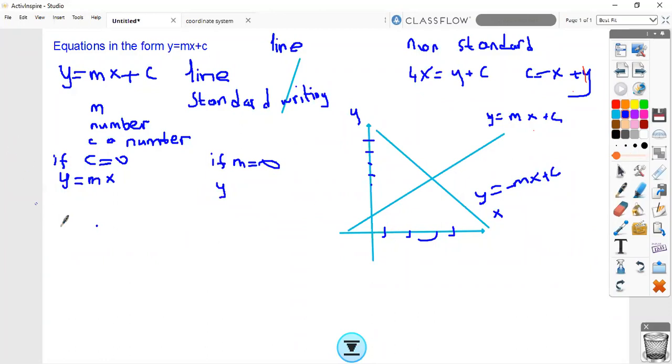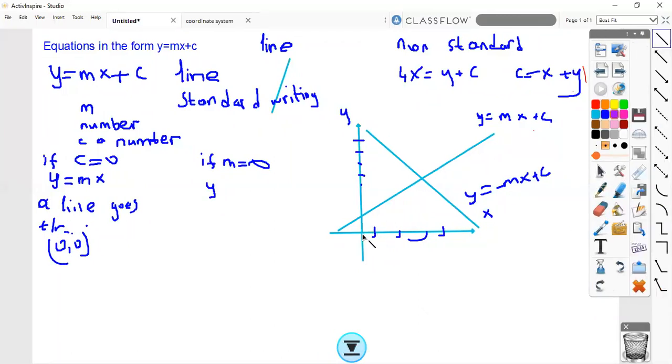Any line, if c is equal to 0, y is equal to mx, and it's a line that goes through 0,0. It will be like this one. Let's draw it again. It's 0 and 0, it's here, and our line will pass from here.